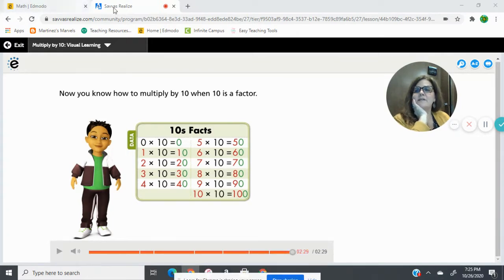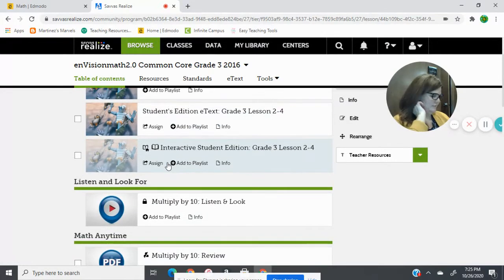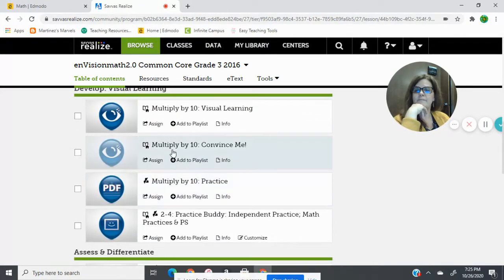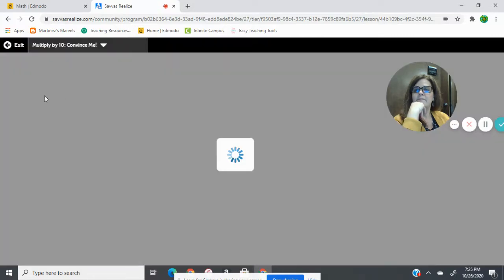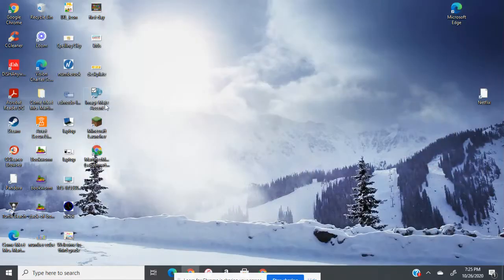All right, let's go back here and go to the convince me, which is going to be at the bottom of page 80. How many miles will Greg swim in 10 weeks? Write an equation and explain how to use a pattern to find the product. Okay, so let's go back to using our camera.